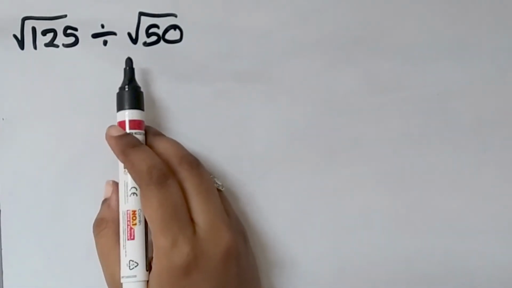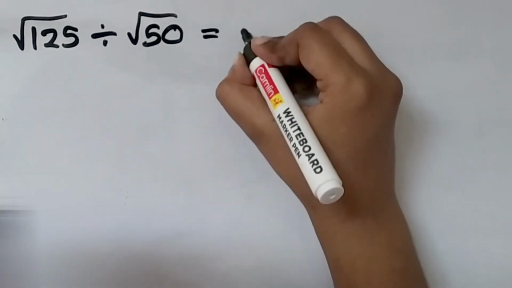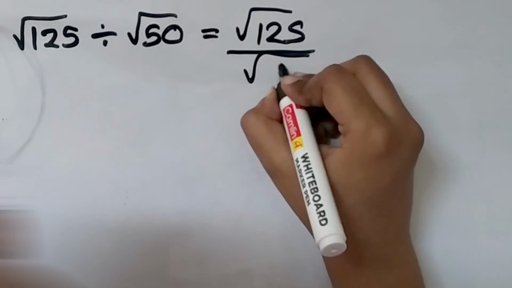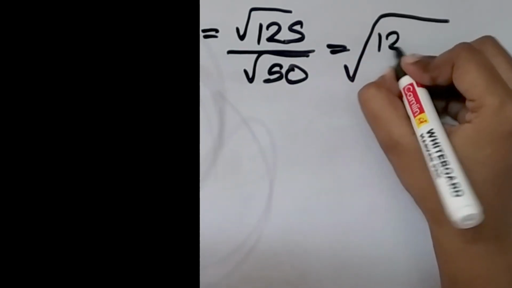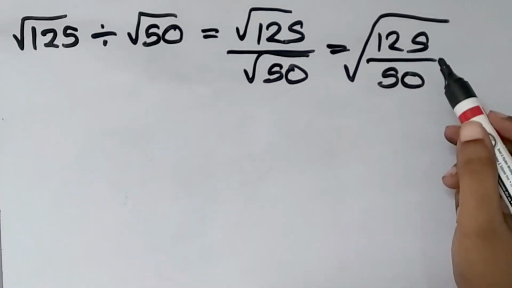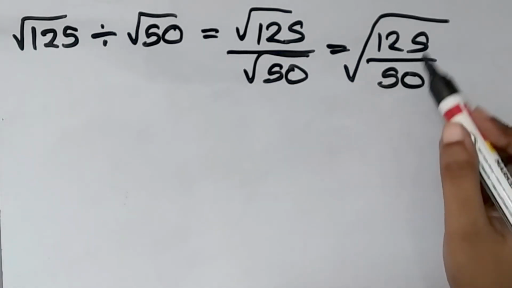Square root of 125 divided by square root of 50, which is equal to square root of 125 divided by 50. Okay. Now this both 125 and 50 we can divide it by 25. Okay.